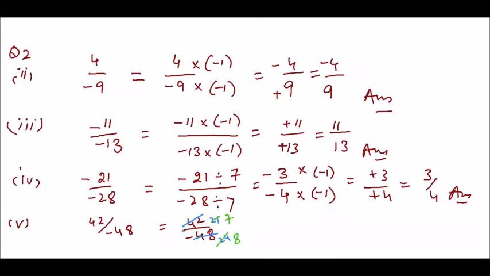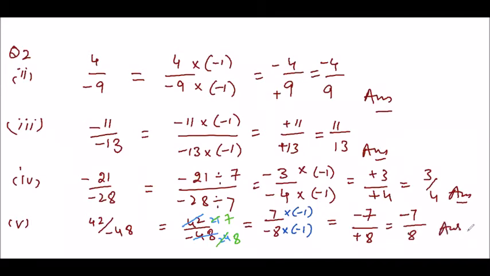Now the answer will be 7 over -8, but it is not the final answer, it is not in the standard form, because here is a minus sign. Now to remove this minus sign, we will multiply it with -1. Now again -1, -7 over +8. So this is in the standard form.